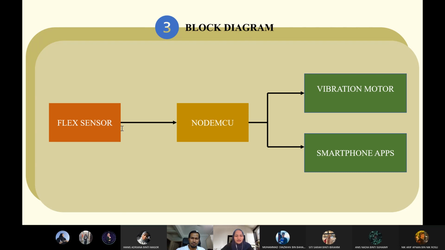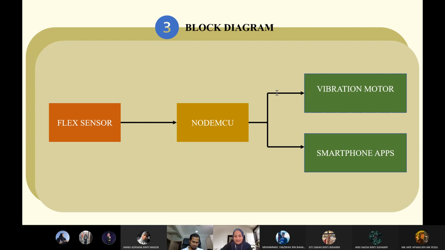In this project, the input for B2 posture is the flight sensor, where when it senses the angle of the user's movement, then the user will interface through the smartphone as it is connected to the wireless communication module, which is Node MCU.